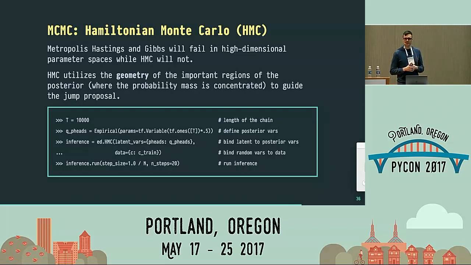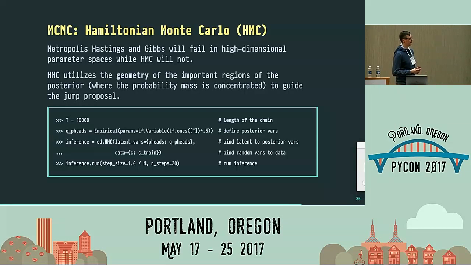Then Metropolis Hastings will be exceptionally bad because you remember it makes a random proposal. And the penalty for making random and uninformed proposals becomes extremely huge in higher dimensions. And Gibbs also will have problems, because even though it makes better proposals, it still won't go in the right direction most of the time.